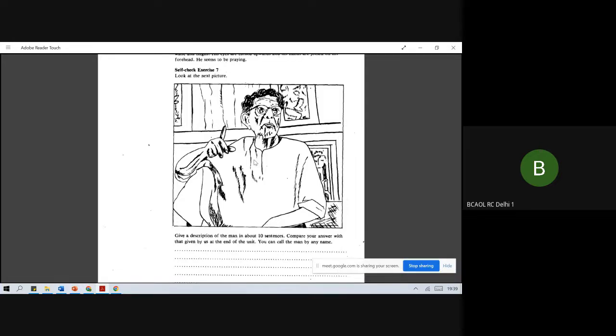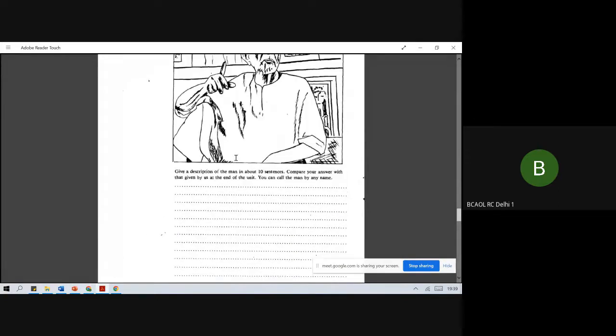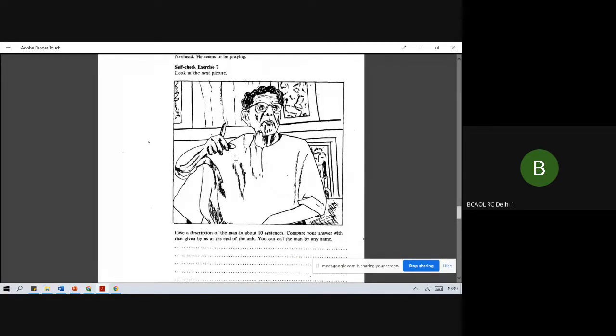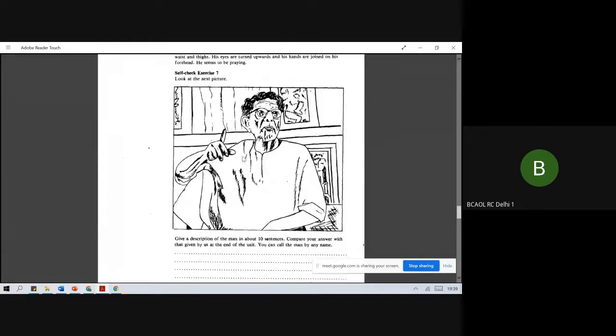So it depends on your approach and your perspective, and while you are imagining the situation, to describe further, you can refer to any person or anything. If the picture is about a computer or laptop, you can write about that.